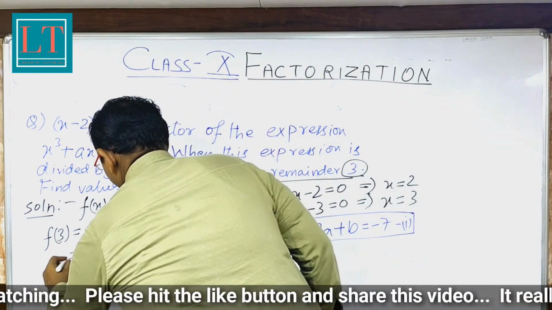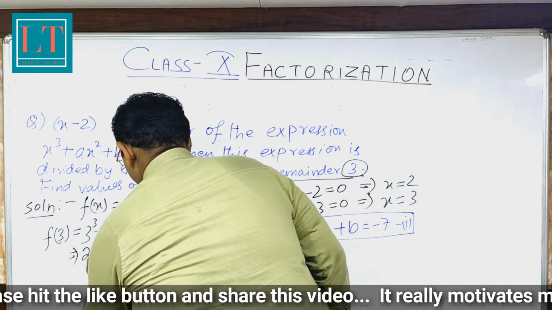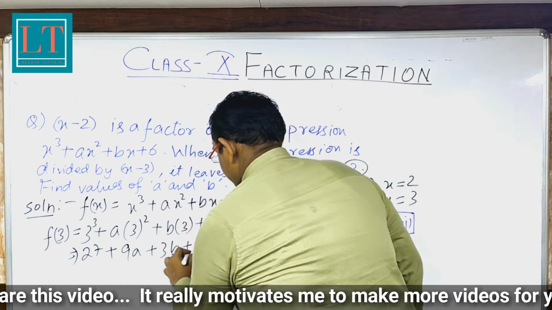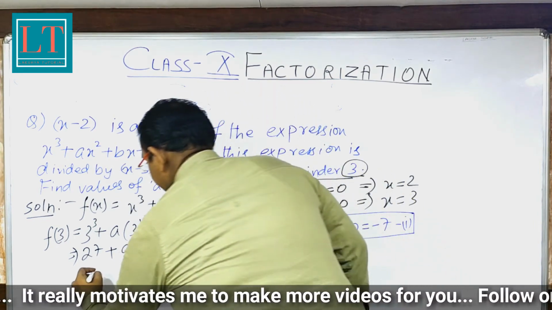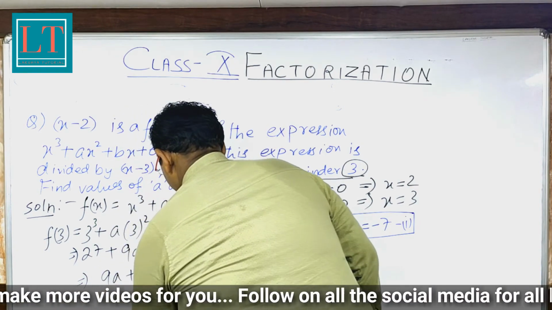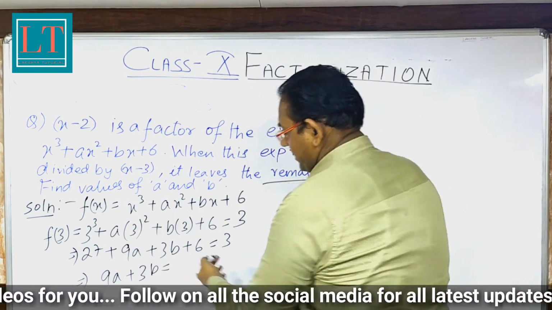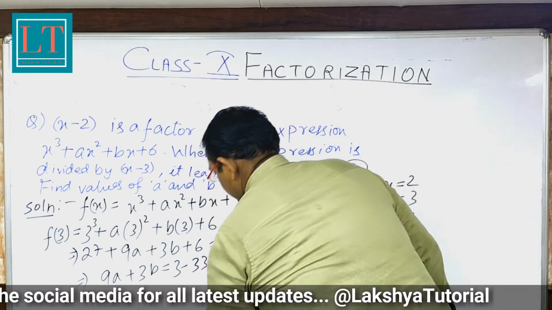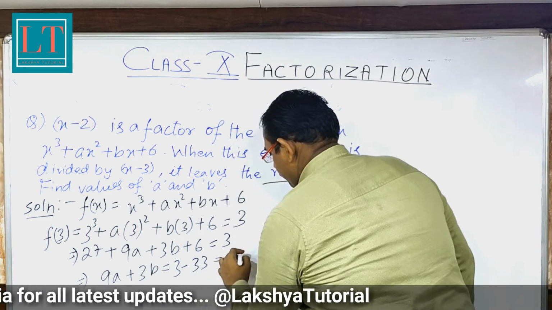Now 3 cube is 27, plus 9a plus 3b plus 6 equals 3. That means 9a plus 3b equals 3 minus 33, since 27 plus 6 gives 33, which comes to minus 30.